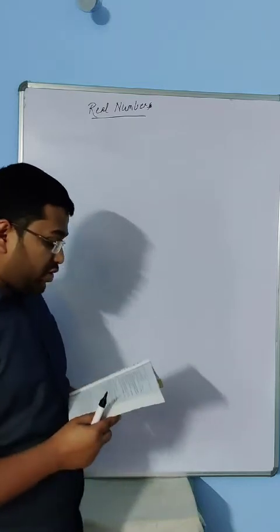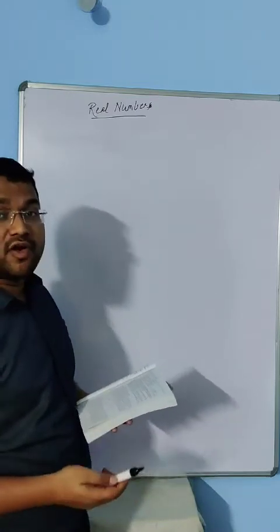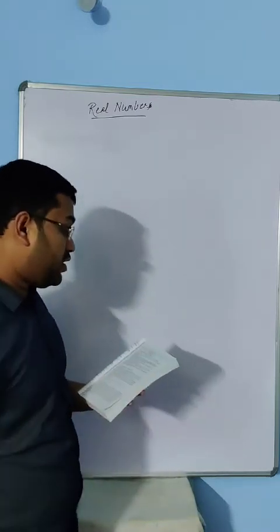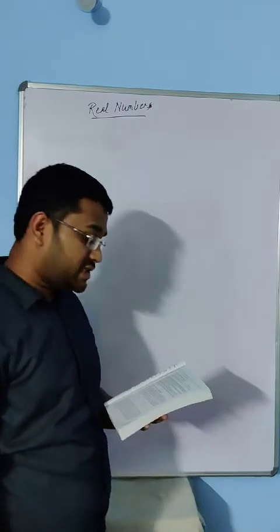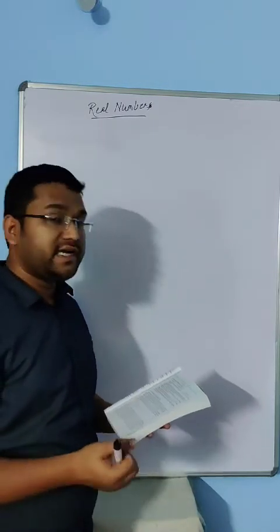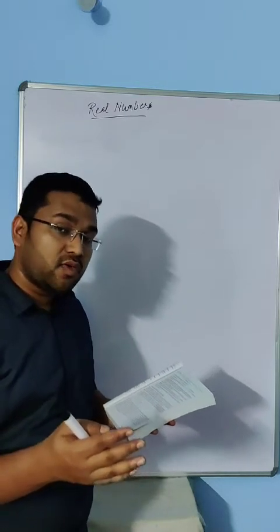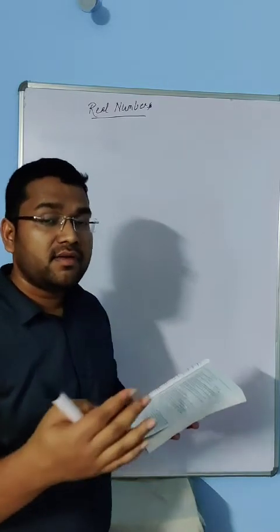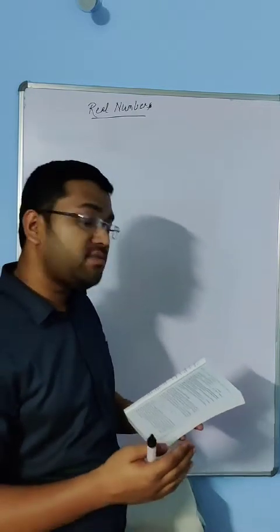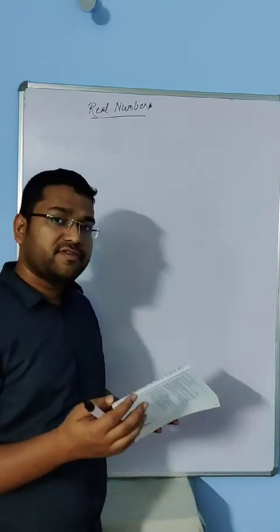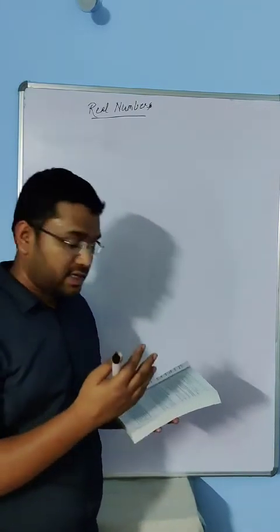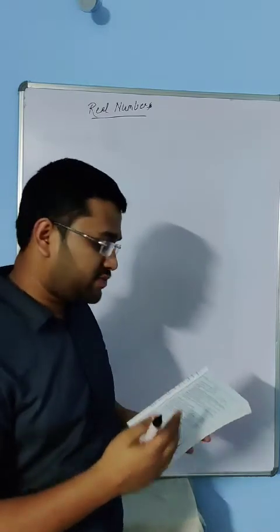So exercise 1.1, question number 3 of your NCERT. The question says an army contingent. Contingent means a group of army members which walks in a parade behind a band. I hope all of you have seen a parade or a march in a Republic Day celebration.